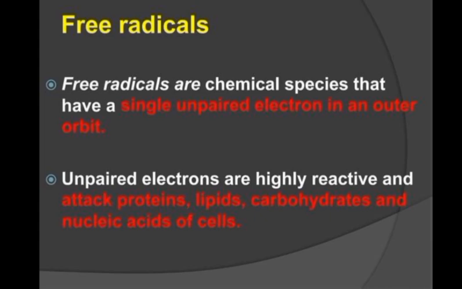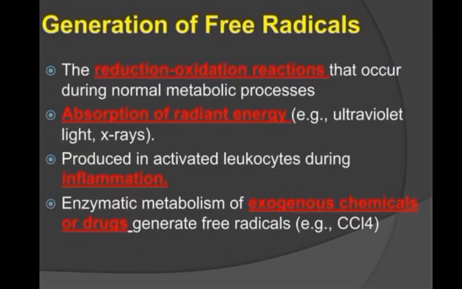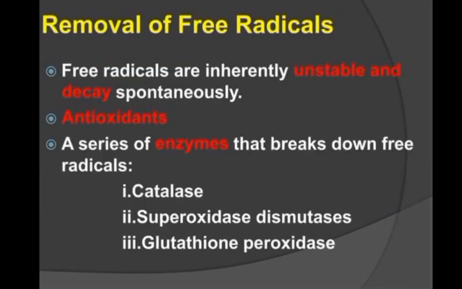Free radicals are chemical species that have a single unpaired electron in an outer orbit. Unpaired electrons are highly reactive and attack the proteins, lipids, carbohydrates, and nucleic acids of the cells. Generation of free radicals: the reduction-oxidation reactions during normal metabolic processes, absorption of radiant energy such as UV light and X-rays, production in activated leukocytes during inflammation, and enzymatic metabolism of exogenous chemicals or drugs.